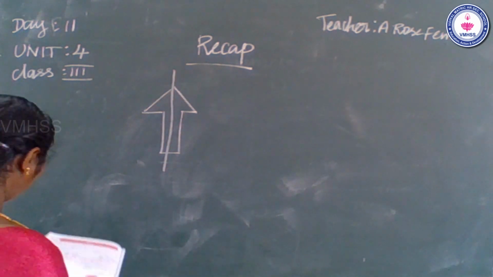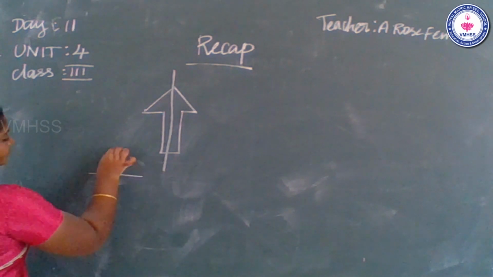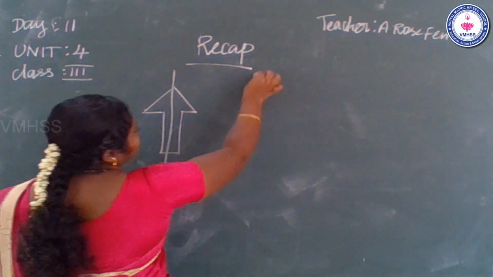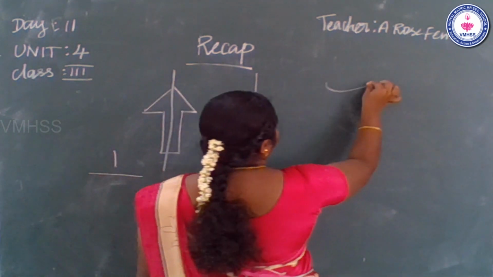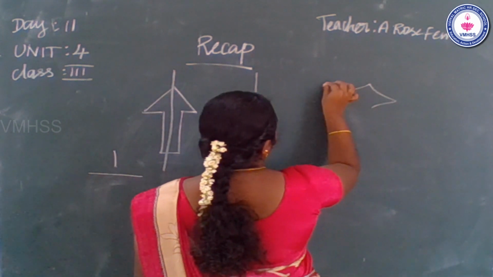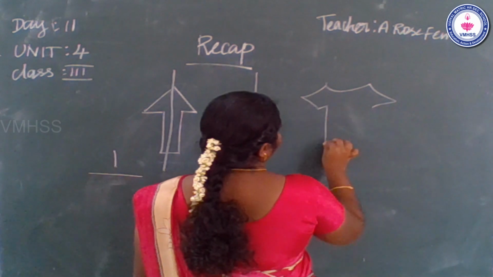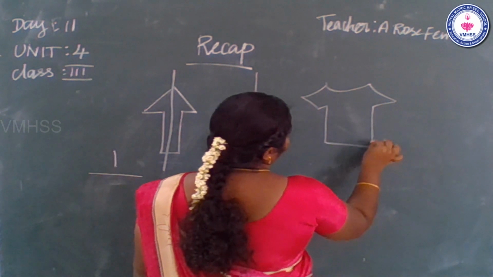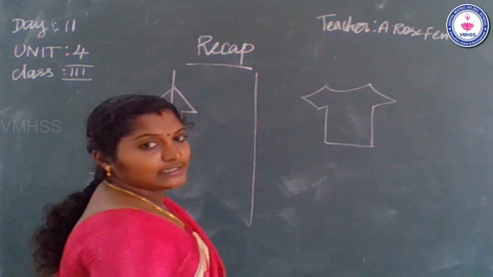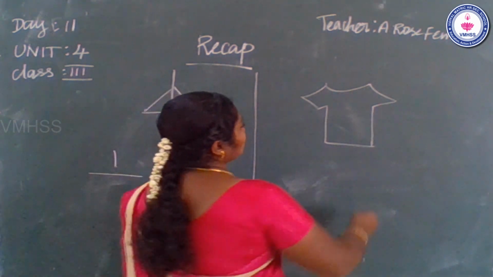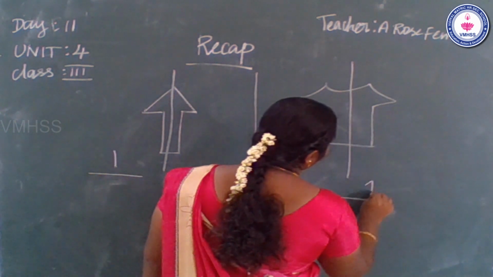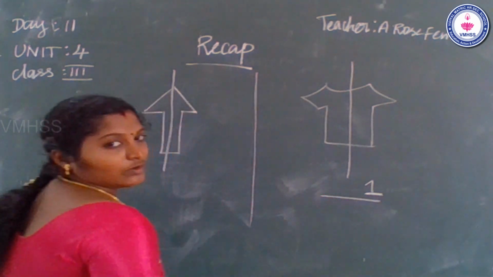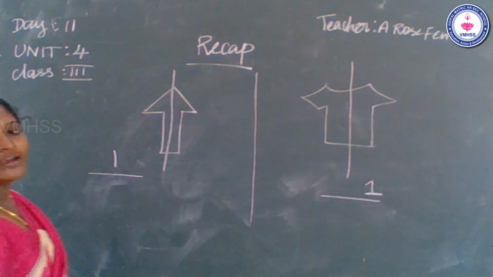The line of symmetry is 1. Write fast. Second picture, this is also divided by one line. One line of symmetry.